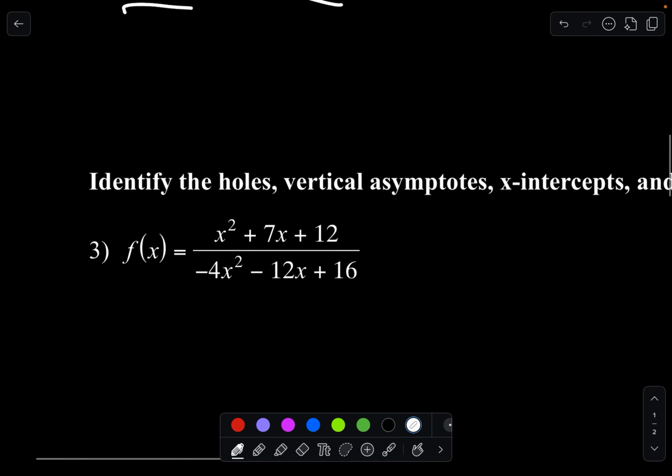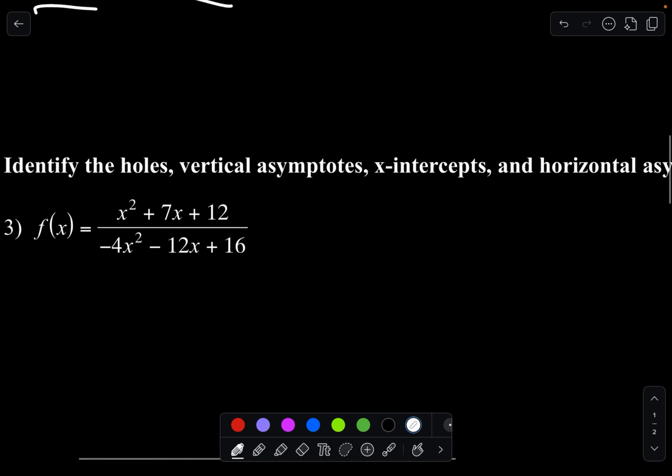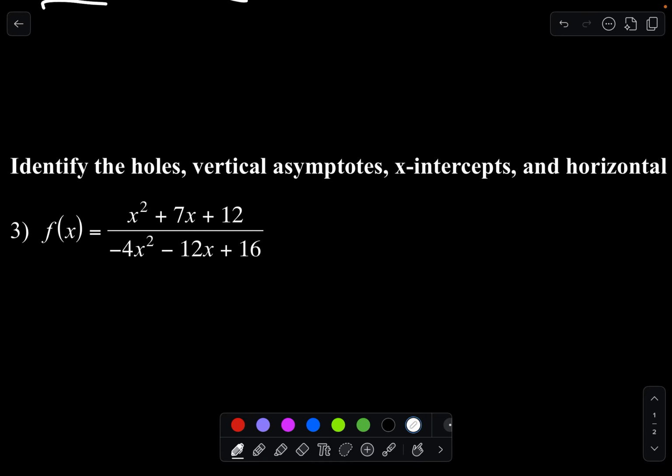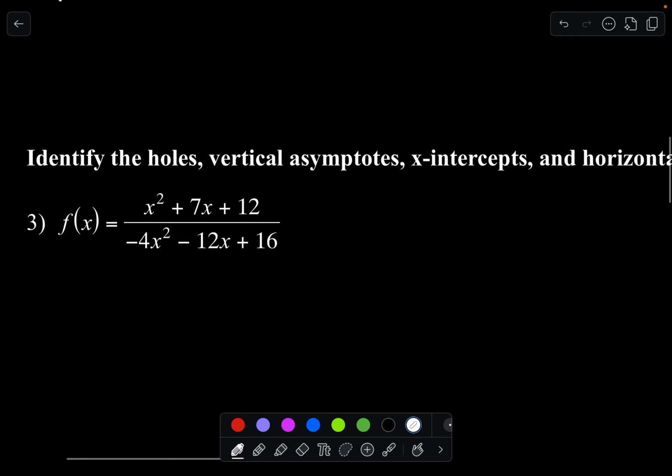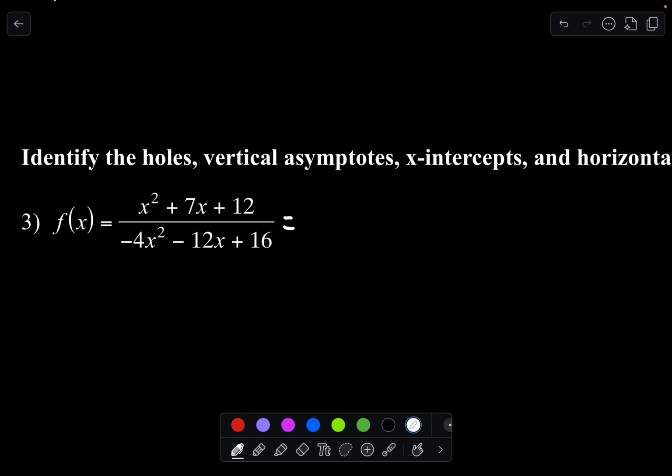All right, now, this is a generalized rational expression. They want you to analyze this. They want you to identify the holes, vertical asymptotes, x-intercepts, and horizontal asymptotes of each. So the first thing you need to do is factor. So on the top fraction, you're looking for products that give you 12 but add up to 7. That's 3 and 4.